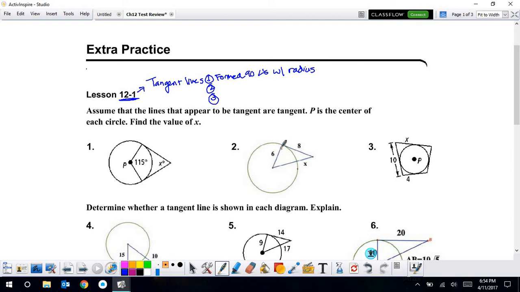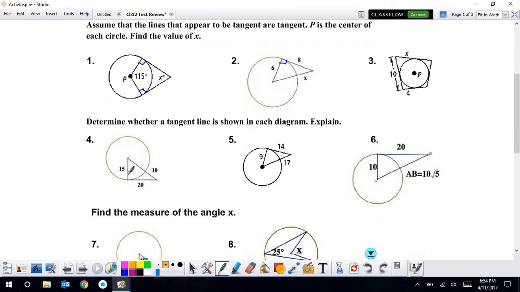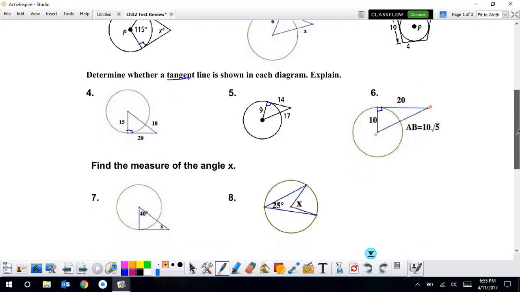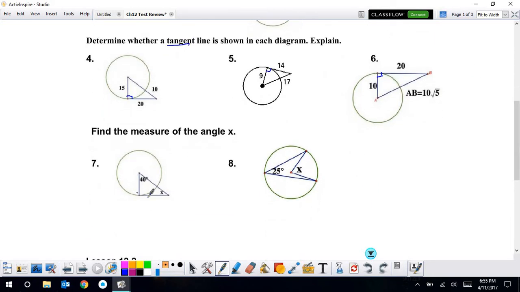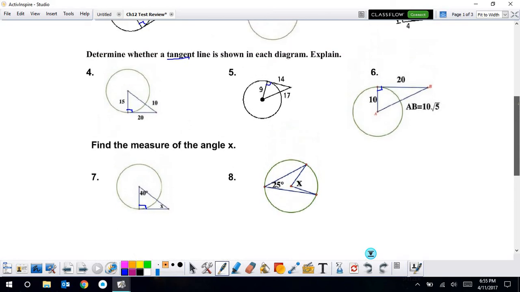So basically that means for number 2, number 1, we can sketch in some right angles. Same thing for 4, 5, and 6. They would need to be right angles if we have a tangent. And then 7, you also have the right angle there.